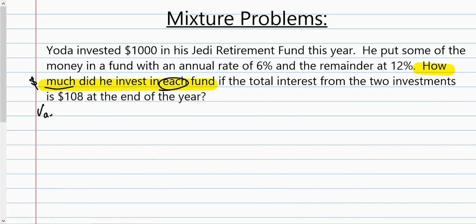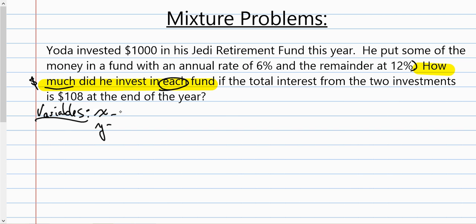So for our variables, I have two different investment rates, so those are going to be my two funds. Again, no nice descriptors, so I'll do X and Y. Erase those because those will come back in a second.